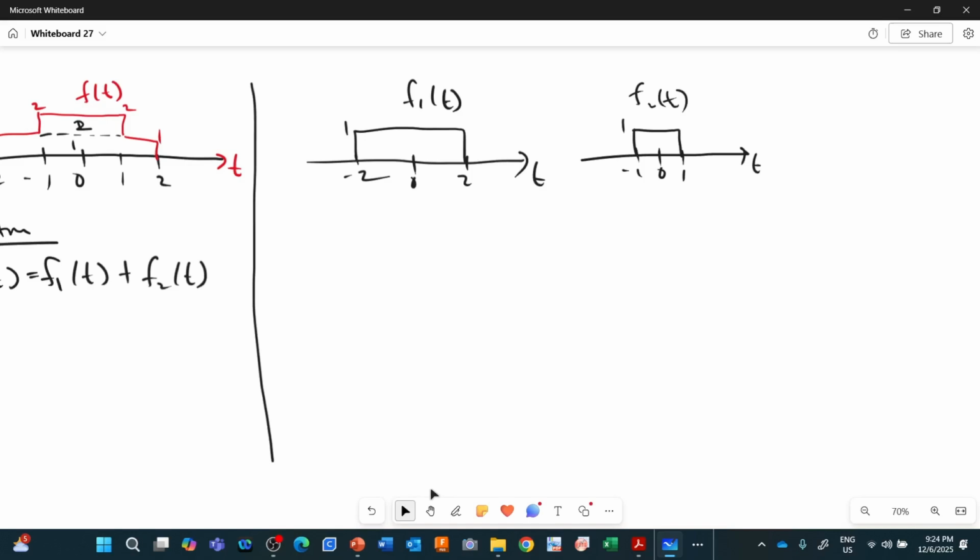Then 1 plus 1, 2, and another one is 1 plus 1. 1 plus 0, 1. 1 and 0 plus 0, 0. Does it look like that?